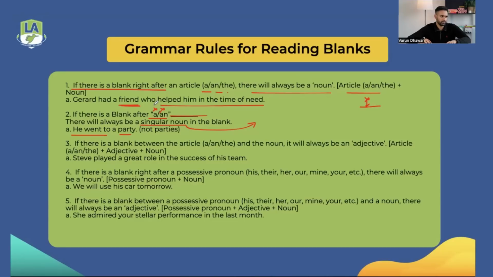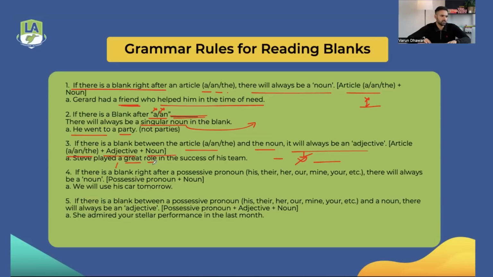Whereas if you have a blank after the, it can be singular or plural. Remember, if there is a blank between an article and a noun, it will always be an adjective. Steve played a dash role.